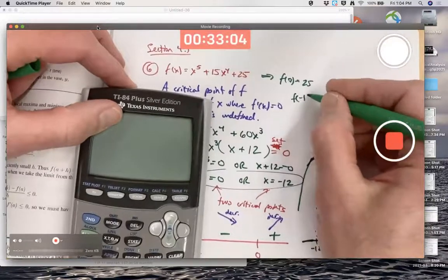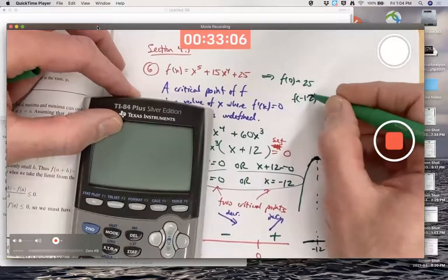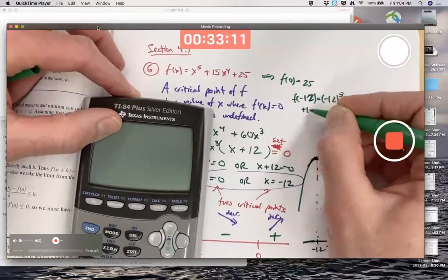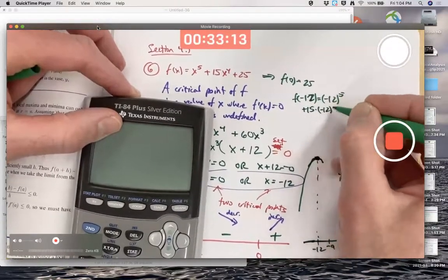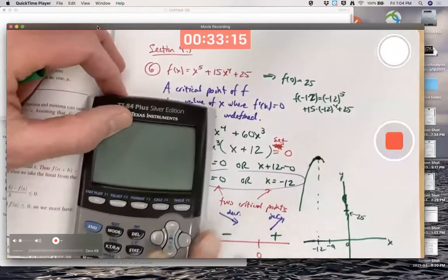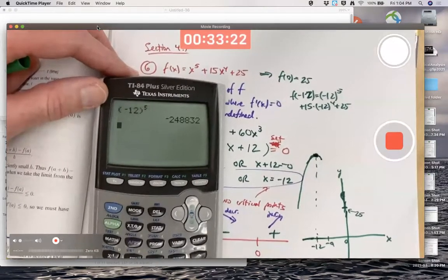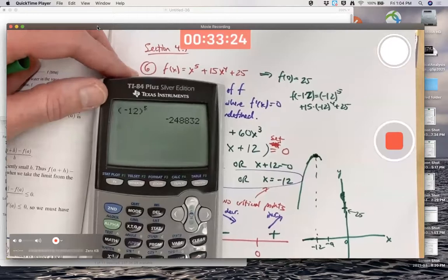F of -12 is -12 to the 5th plus 15 times -12 to the 4th plus 25. -12 to the 5th is that. Wow, a big negative number.